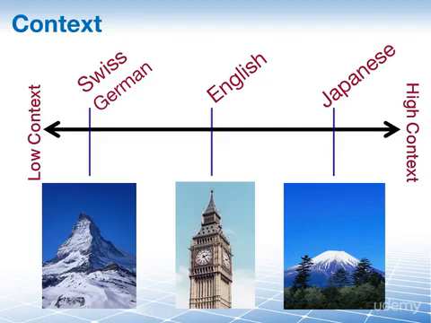An implicit understanding of the situation and what is meant has to be understood by the speaker, by the sender, and by the receiver of the message, so that the intent of the message gets across. So there you go. Swiss German, very low context. English, somewhere in the middle. And then Japanese, a very high context when it comes to language.